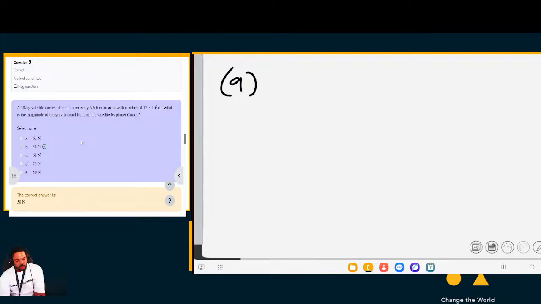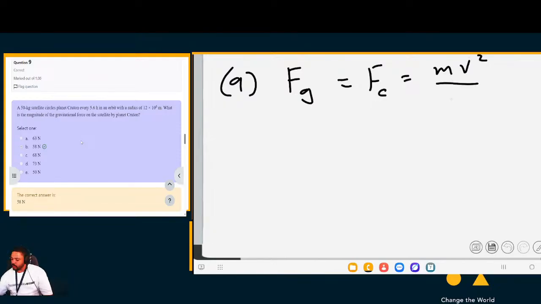Now, we know that the force of gravitation in this case is also equal to the centripetal force, which is equal to mv squared over r, where v is the velocity. So first let's calculate v.